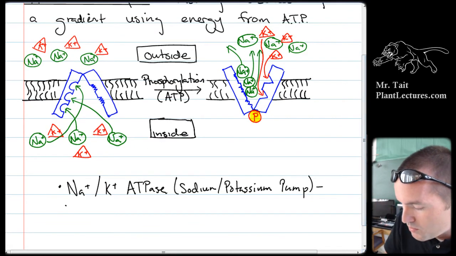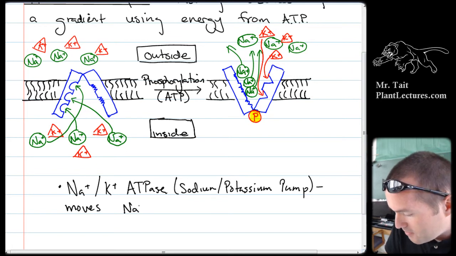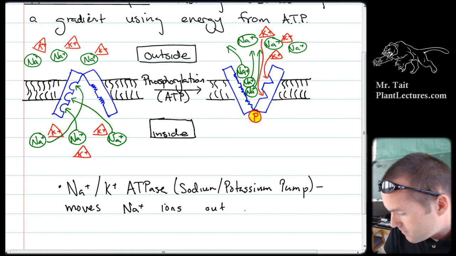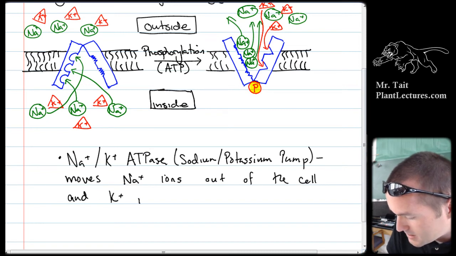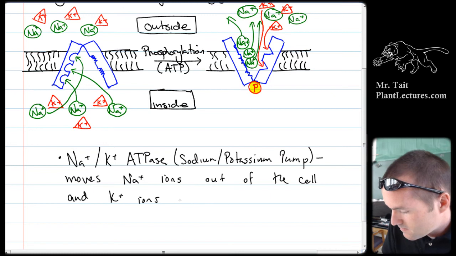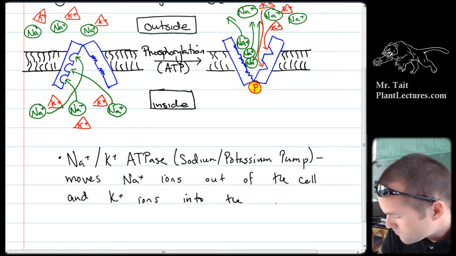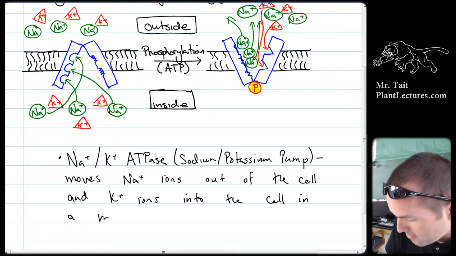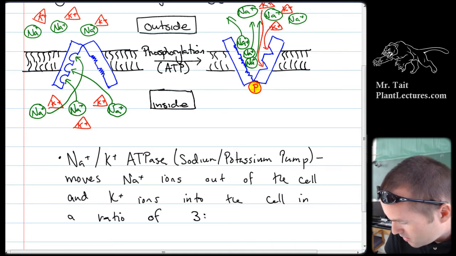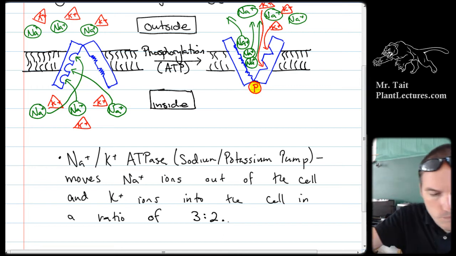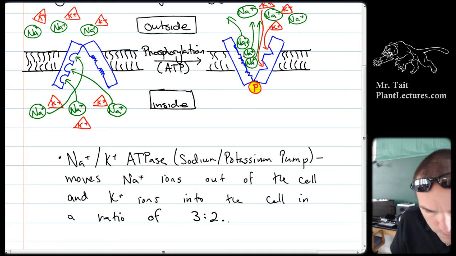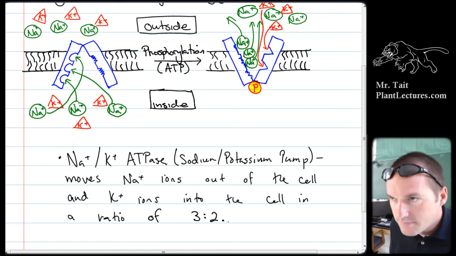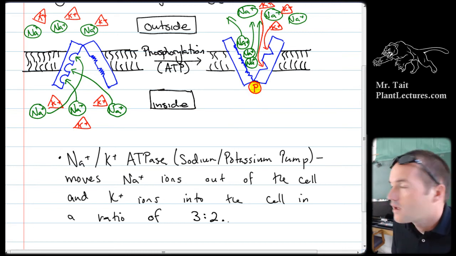And we can say that its job is that it moves Na plus ions out of the cell and K plus ions into the cell in a ratio of 3 to 2. Questions on this so far?